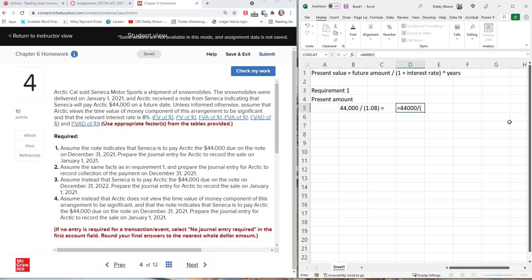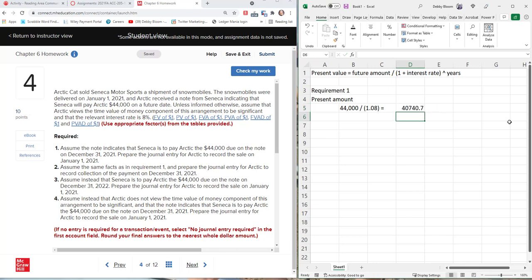44,000 divided by open parentheses 1 plus 8%. So I could have used the 1.08 in the formula, so I could have done 44,000 divided by 1.08. That would work. But in this one, I'm going to use 44,000 divided by 1 plus 8%, assuming that I'm not very good in my decimals, because the only thing that's important is the answer.